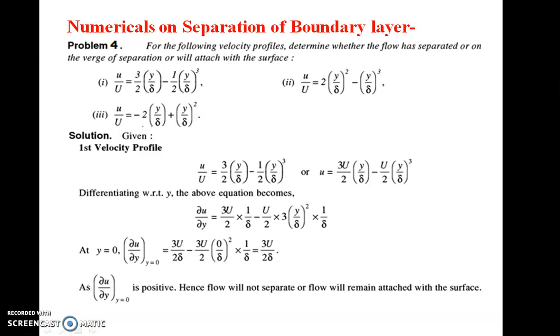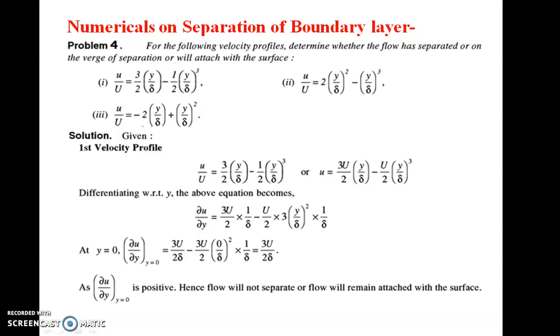First, it is given small u upon capital U is equal to 3 by 2 (y by delta) minus 1 by 2 (y by delta) cube. Second, u by capital U is equal to 2 (y by delta) minus (y by delta) square. Third, u by capital U is equal to minus 2 (y by delta) plus (y by delta) square. Again, this is very simple.